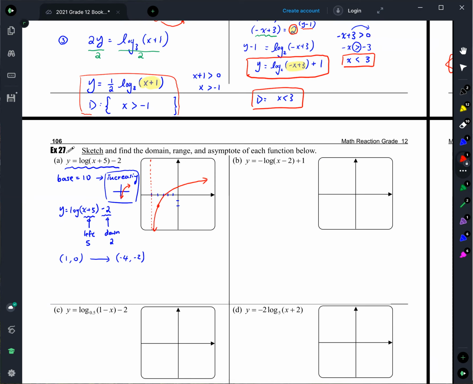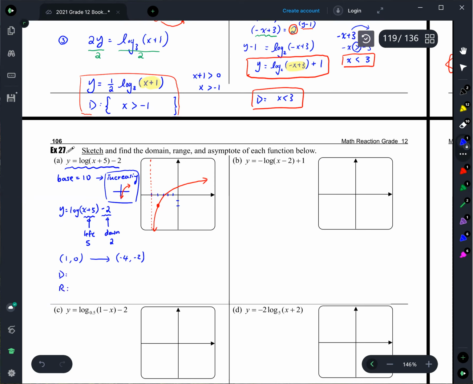So that's all you need to show me: an important point and the asymptote line. Now you can start to answer the domain, range, and asymptote.